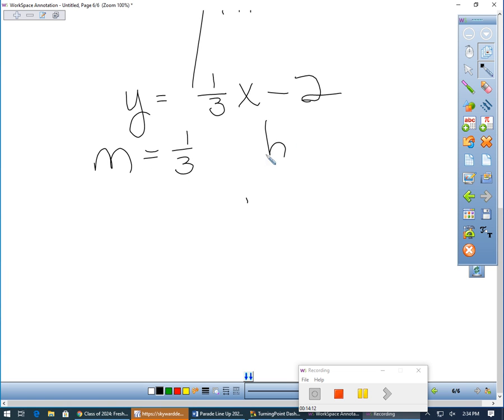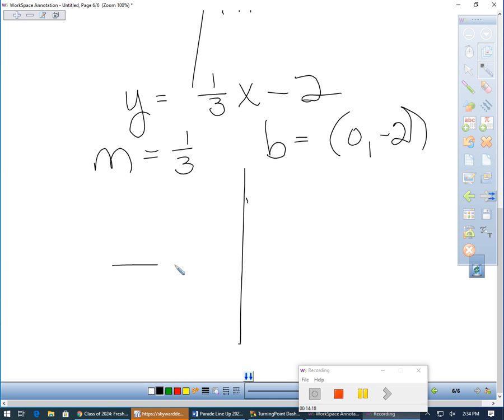And my y-intercept was what again, Carson? 0, -2. All right. So we start by plotting the y-intercept. Okay. And then from that point, we rise up 1 and we run over 3 and put a dot. And then you connect your dots. That's it.